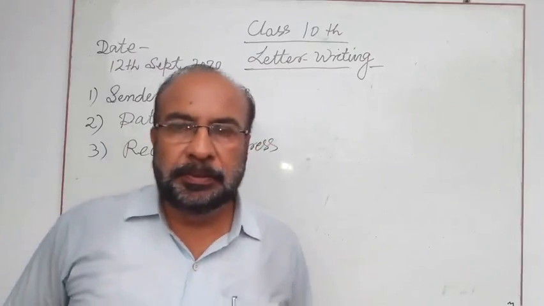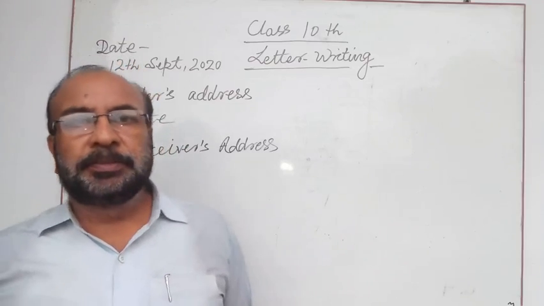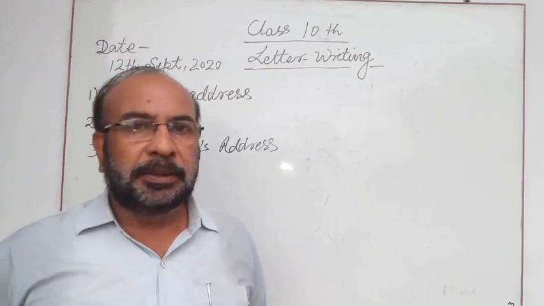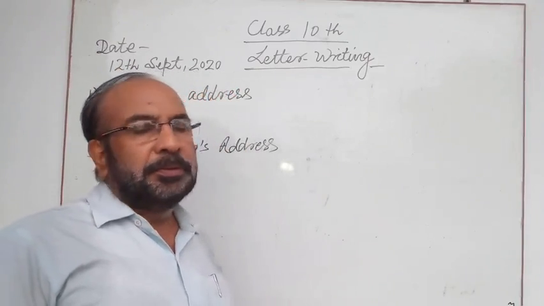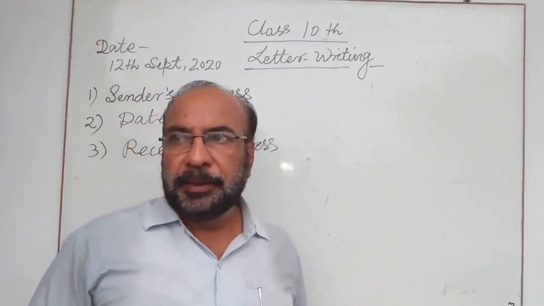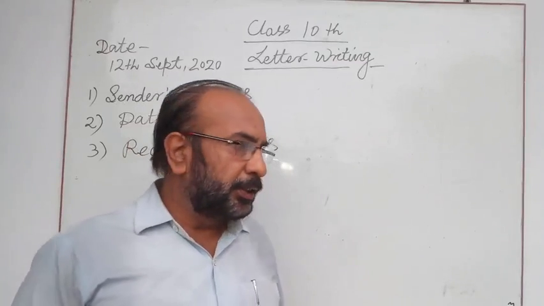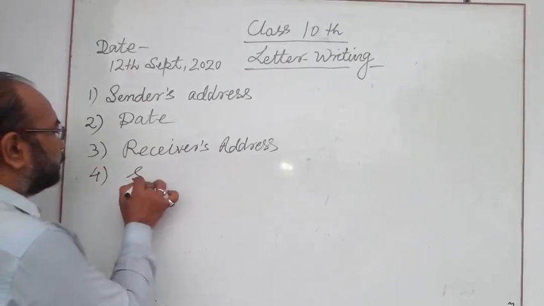So very first, on your left hand side, you will write the sender's address, after that the date, and after that the receiver's address. And now you should leave a space of one line, and then you will write the subject, on which subject you are writing the letter.